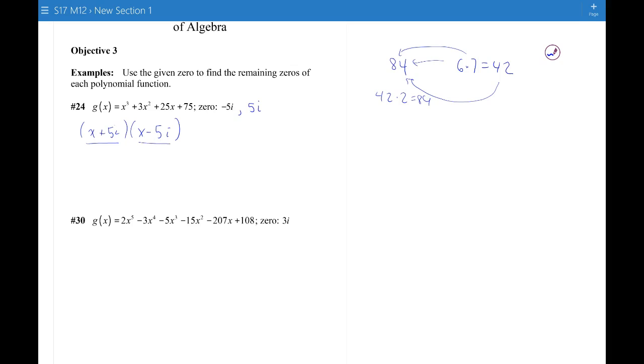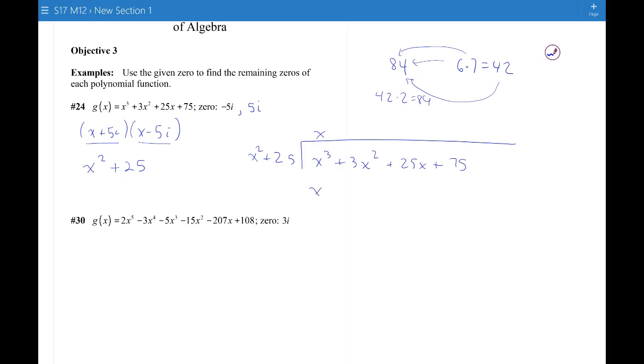So my point is that if this is a factor of the whole polynomial, and this is a factor of the whole polynomial, then their product, x squared plus 25, also has to be a factor of the polynomial. So let's divide x squared plus 25 into this polynomial and see what the other factor is. So I have x cubed plus 3x squared plus 25x plus 75.